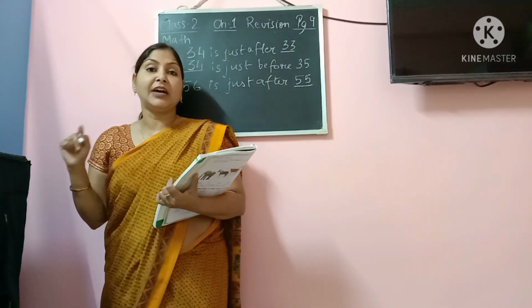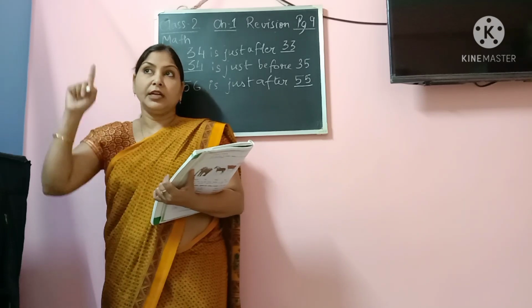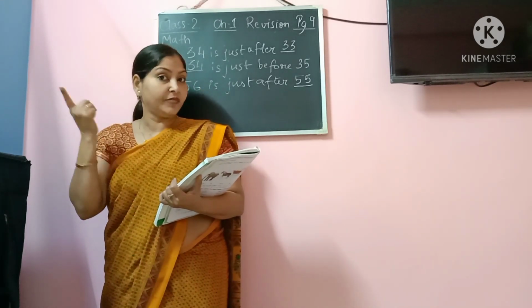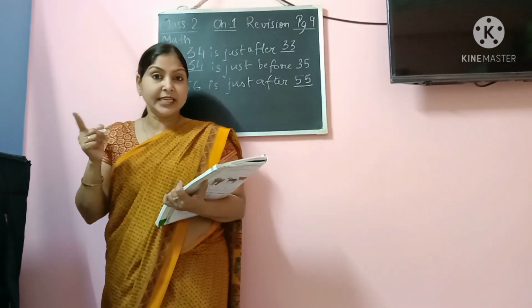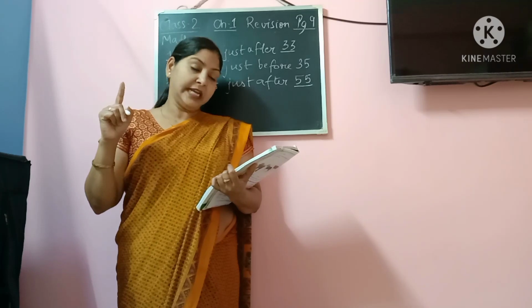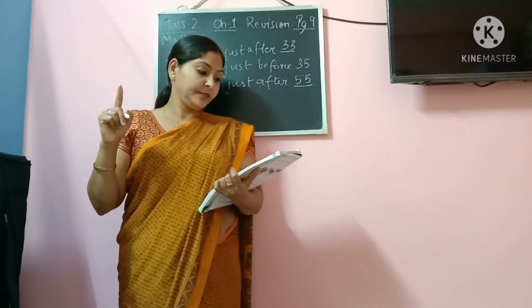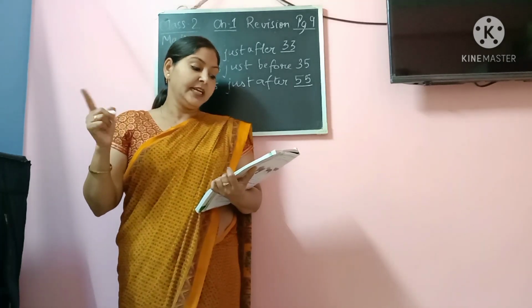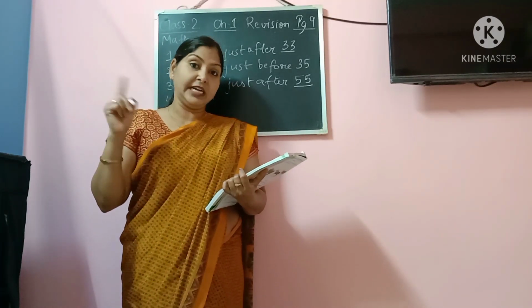Now, 97 is just after which number? We have to think of the previous number. So 97 is just after 96.